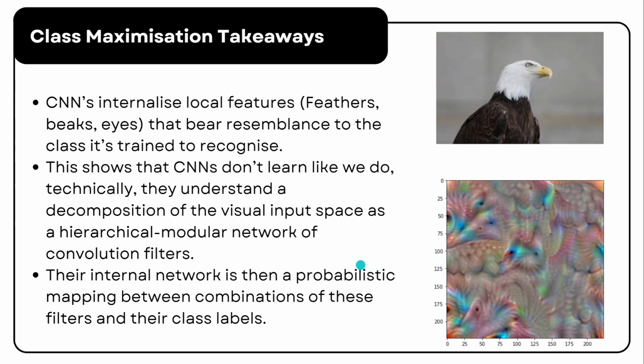It's essentially learning the likelihood that certain combinations of features point to specific class labels. The fact that CNNs learn in such a fundamentally different way tells us something important, no? That these models can sometimes be fooled or misled because they are not reasoning the same way we do. They are just picking up on statistical patterns.